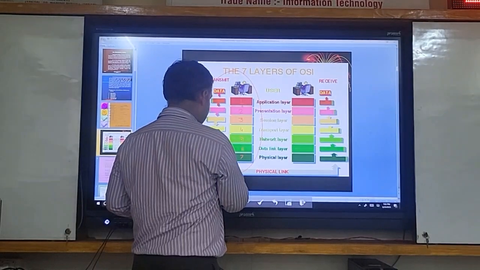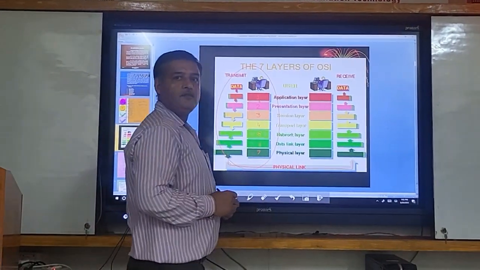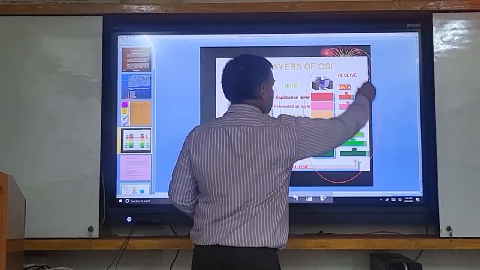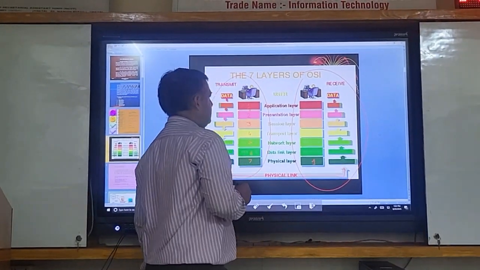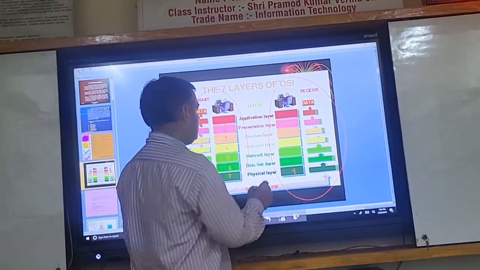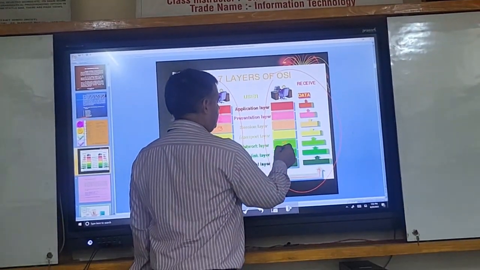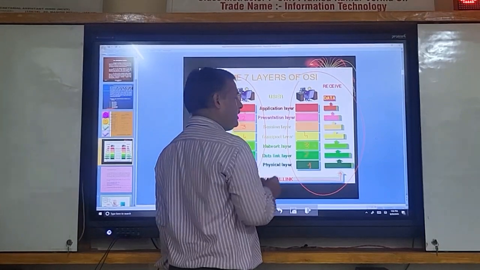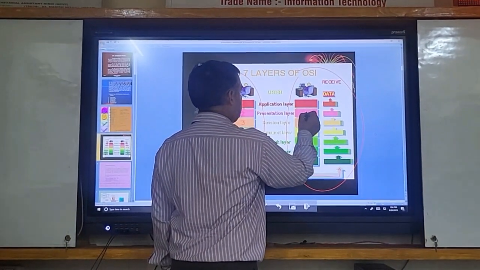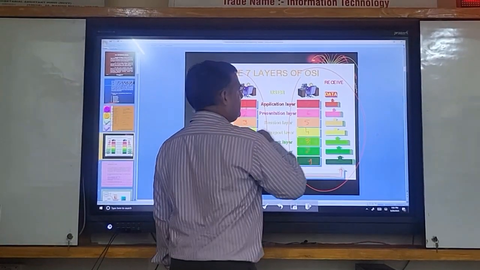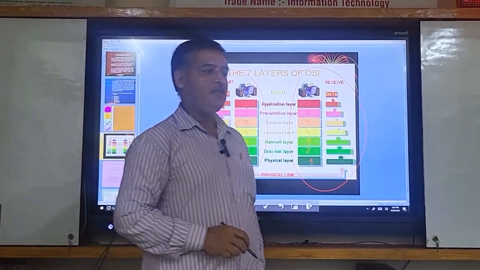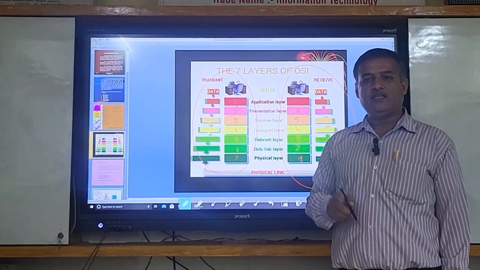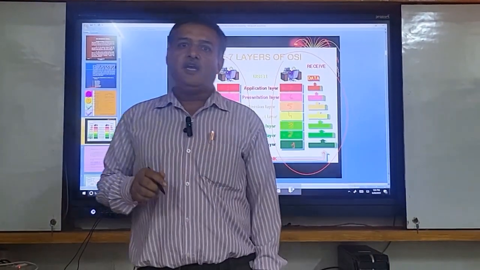But because the physical connection is established between these two computers, I have already discussed the physical link, and over here, because it is on the receiver side, the physical layer will be considered the first layer, data link layer the second, network layer the third, transport layer the fourth, session layer the fifth, presentation layer the sixth, and then application layer the seventh. So the numbering of the layers in the OSI model depends on whether you are on the receiving end or the transmitting end.